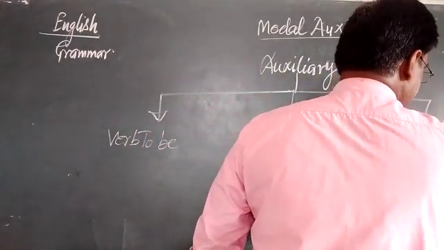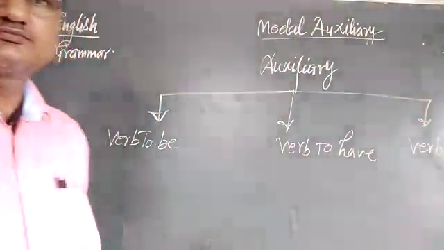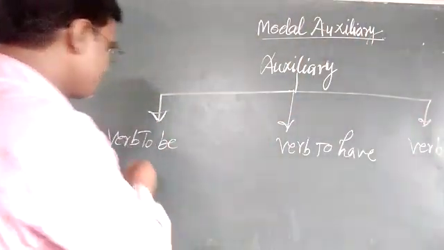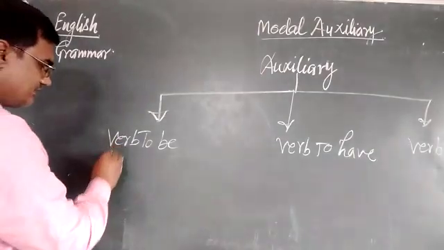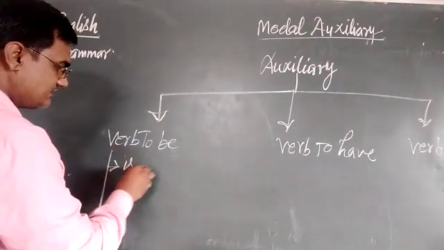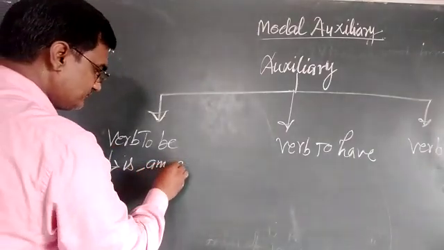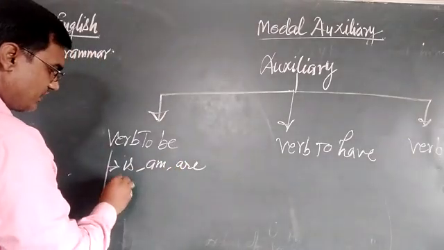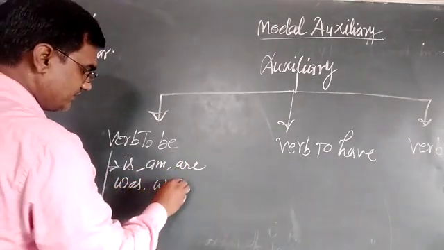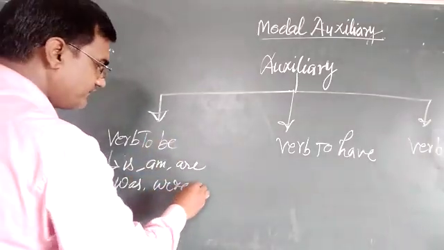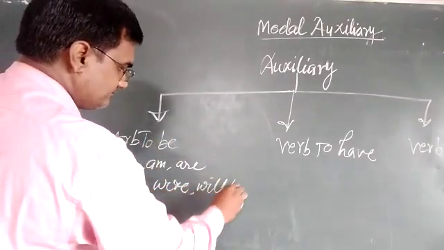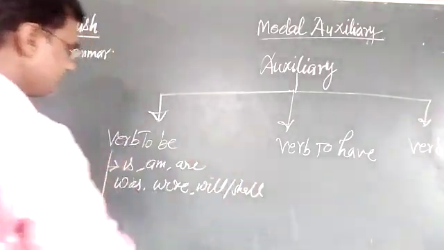Verb to be means is, am, are, was, were, will, shall. These are verb to be.